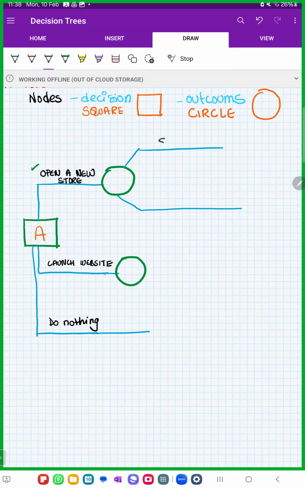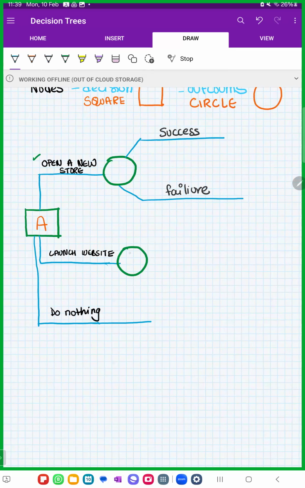So there is a chance of success or a chance of failure. When you open a store, either it will be successful or it's going to fail. Same goes for the website. If I open the website, either the website will be a success or it's going to be a failure.